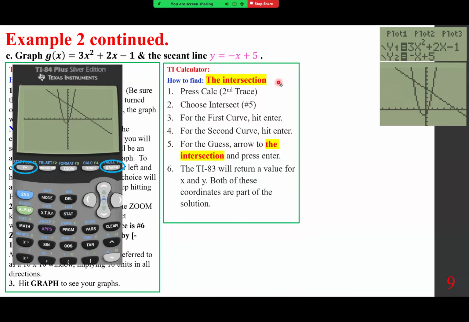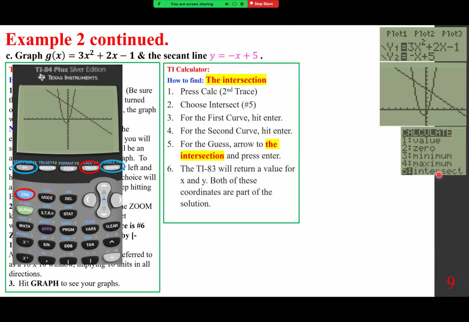How to find the intersection? Press second and trace on the calculator. Here's the second, here's the trace. You click those, and then you choose intersect, which is number 5. When you hit those, it shows up.